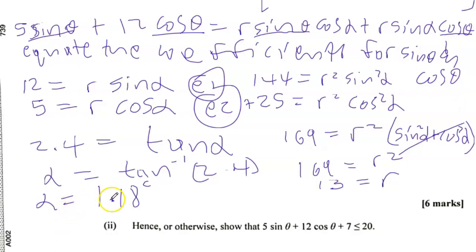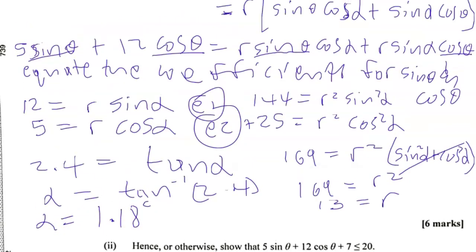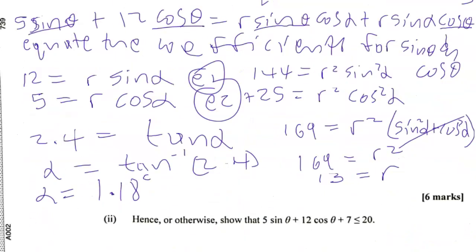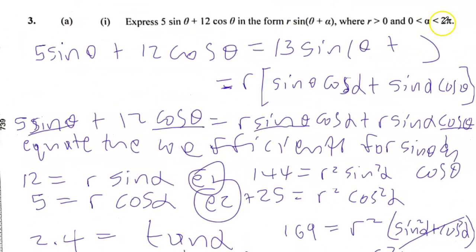And we already know that alpha is 1.18 radians. So in this expression we replace r with 13 and alpha with 1.18 radians.